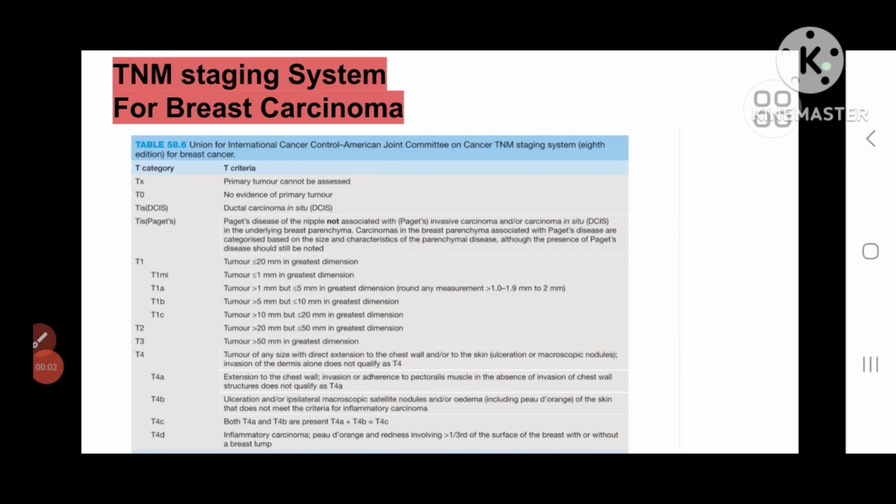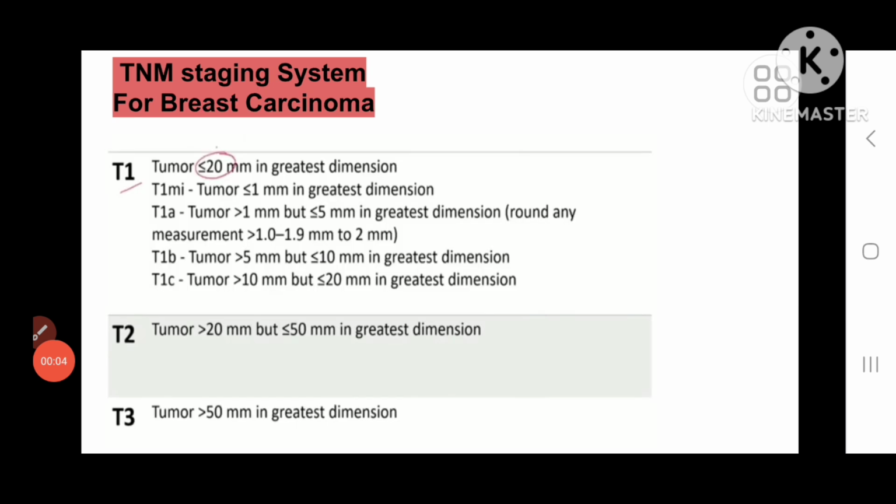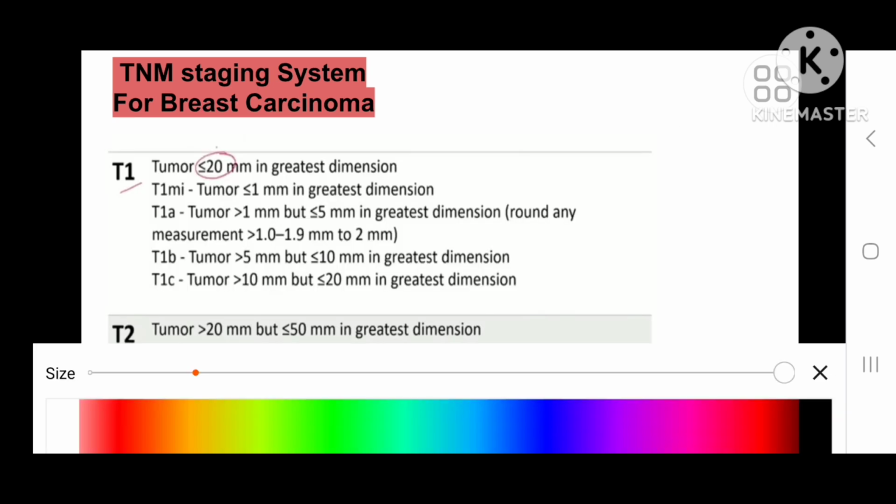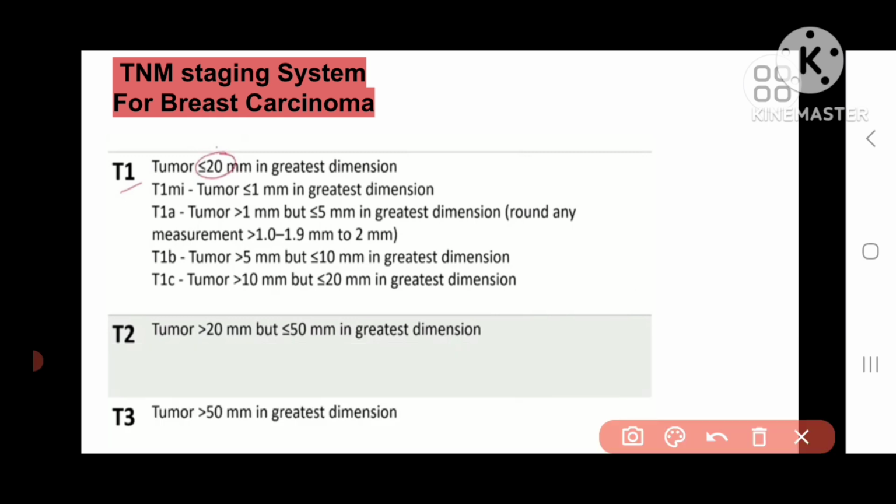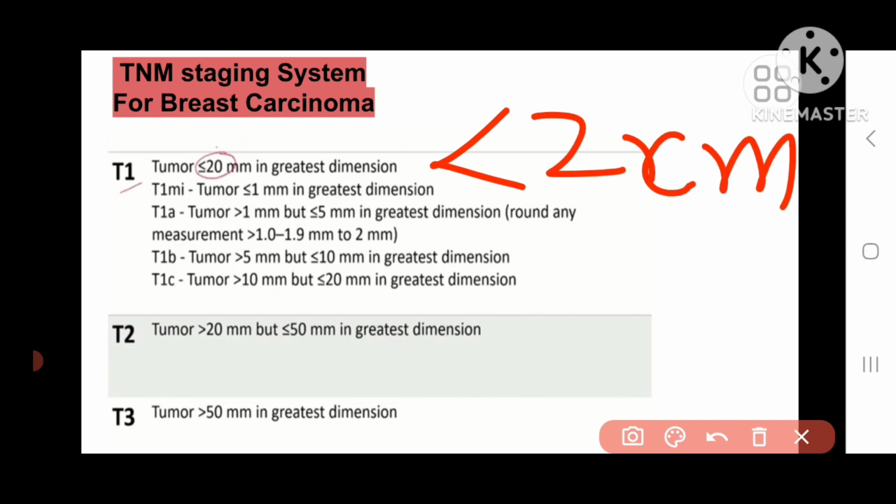I have simplified this table in this slide. T1 means tumor size less than 2 cm in greatest dimension. T2 means tumor size is between 2 to 5 cm.